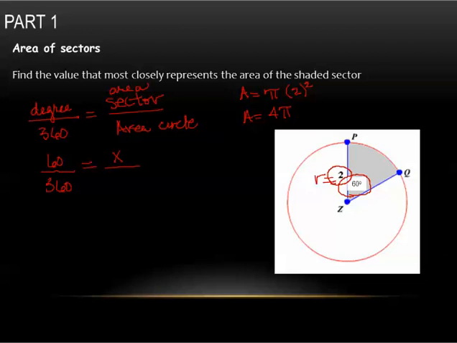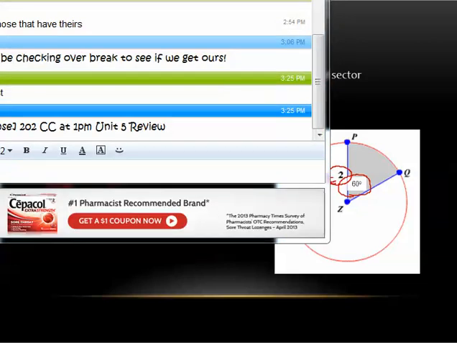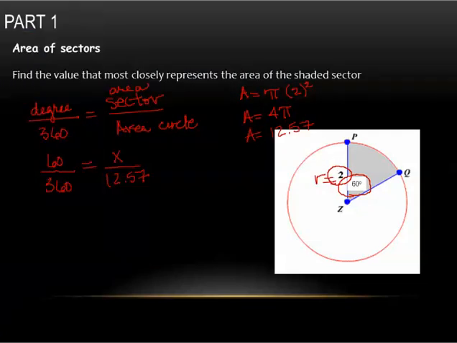And then if I multiply out the 4 pi, I'm going to round it to 2 decimal places because they didn't tell me to do any different. 4 pi is 12.57. So I'm going to put 12.57 down for the area of the circle.